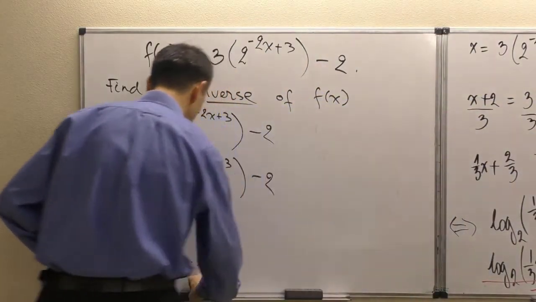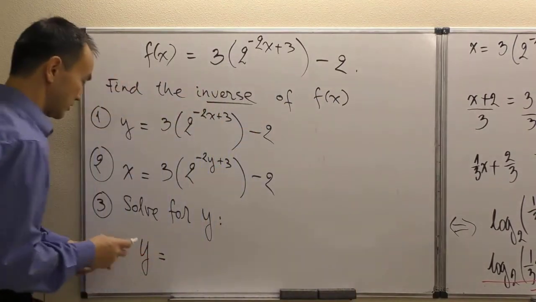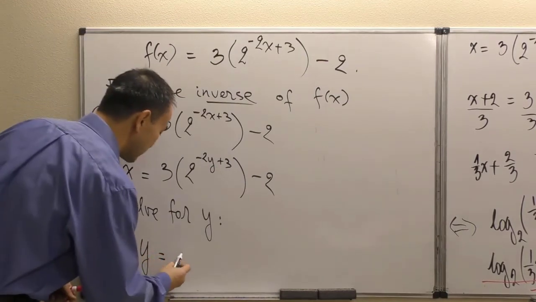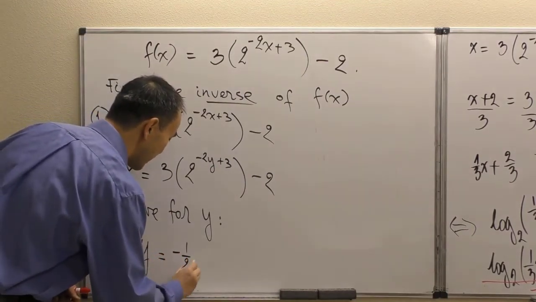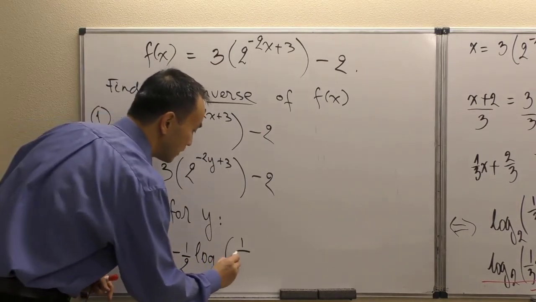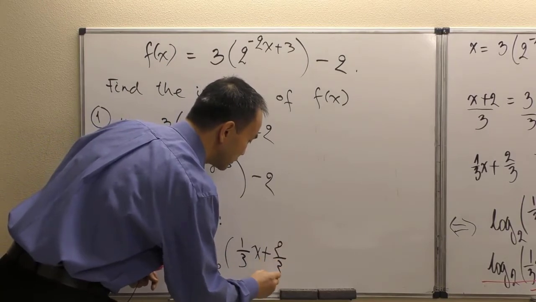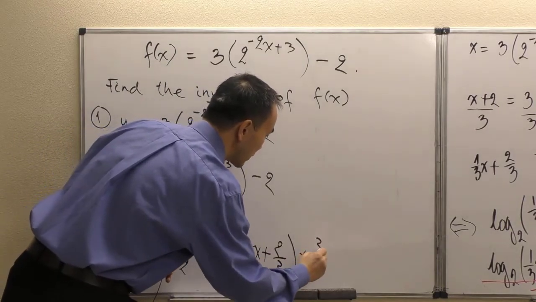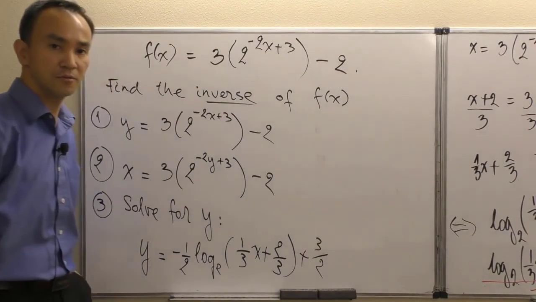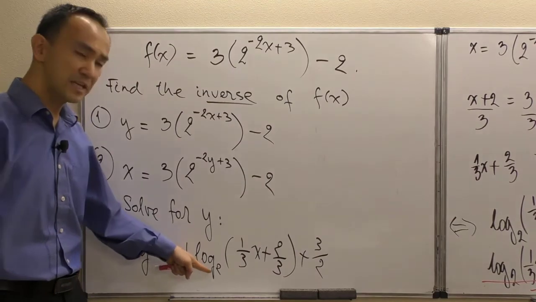And so now I'm ready for concluding it. After solving for y here, I'm ending up with y equals minus 1/2 log base 2 of 1/3 x plus 2/3, and then plus 3/2 right here. Minus 1/2 times log base 2 is a logarithm.